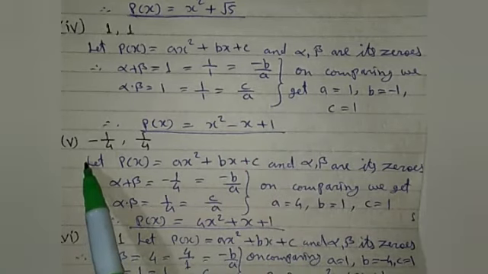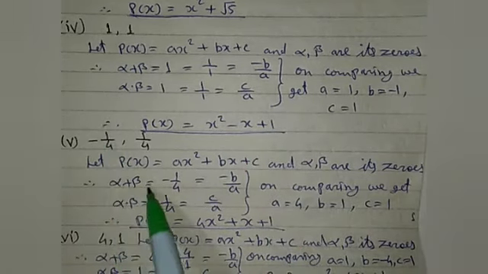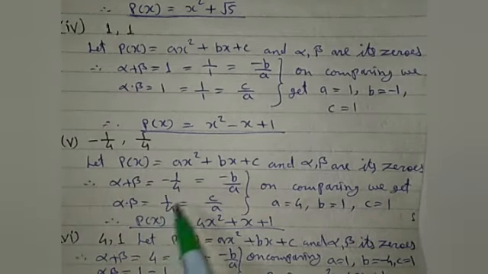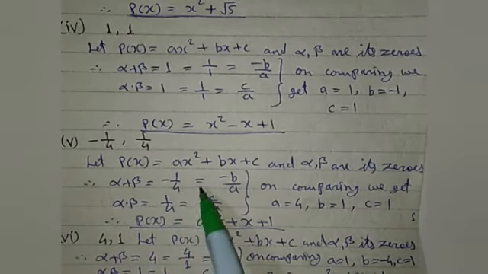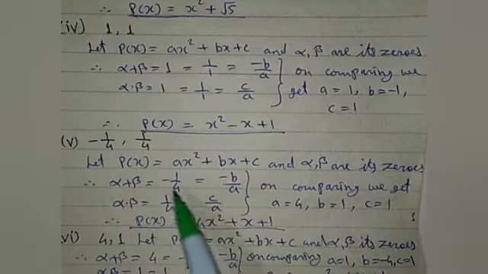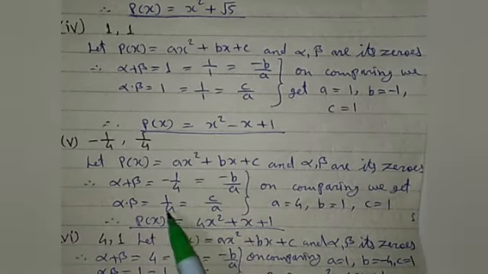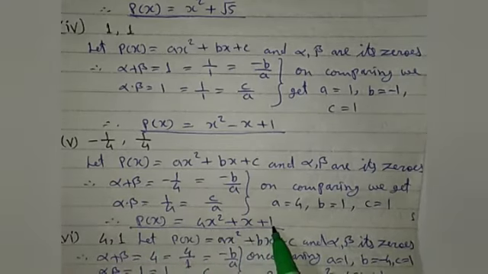In the fifth part, the sum of zeros is given as minus 1 upon 4 and the product of zeros is 1 upon 4. So here the denominator is the same. It is equal to minus b upon a and it is equal to c upon a. On comparing both relations, you will get a equal to 4, b equal to 1 and c also equal to 1. So the polynomial is p(x) equal to 4x square plus x plus 1.